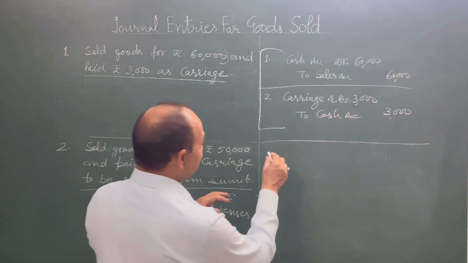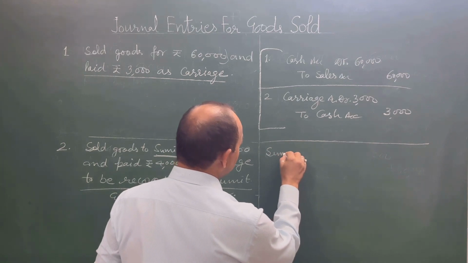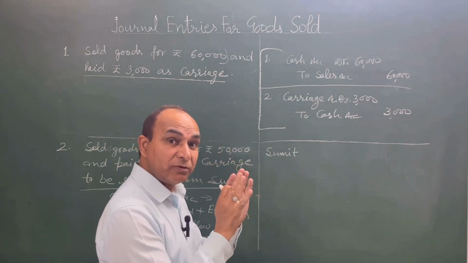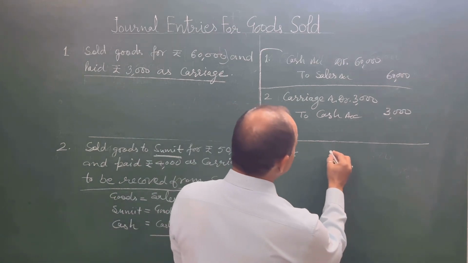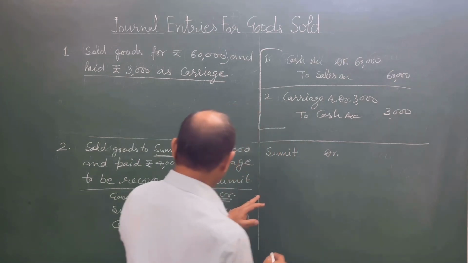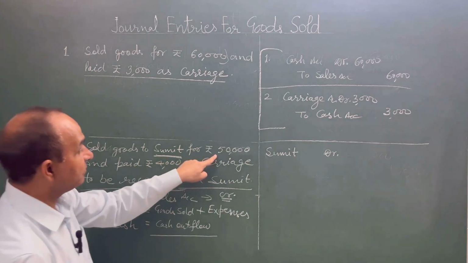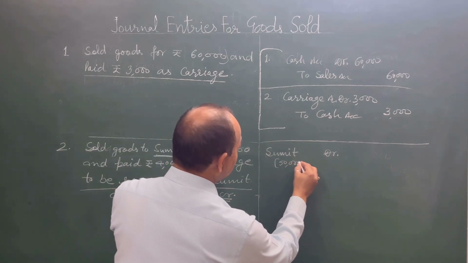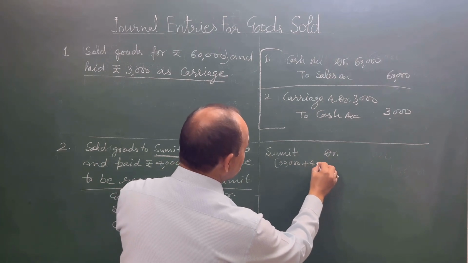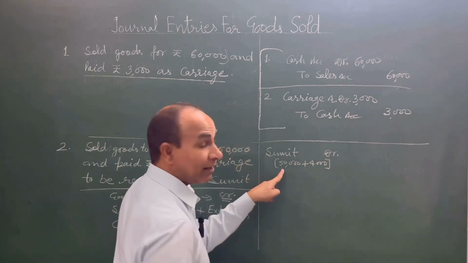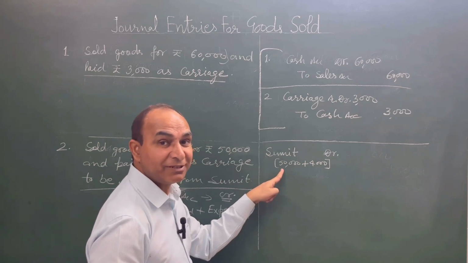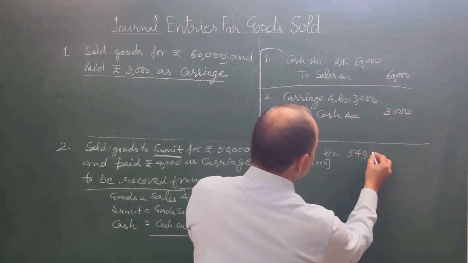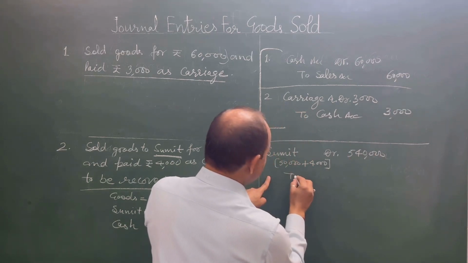See the journal entry: Sumit debit. Sumit is our debtor, debit the receiver, and a debtor is always debited, you know. Sumit debit for how much? For the amount of goods sold, I write this in brackets, 50,000, plus the expenses which we made on his behalf, and later on this amount will be recovered from him. So Sumit debit 54,000 to sales account.